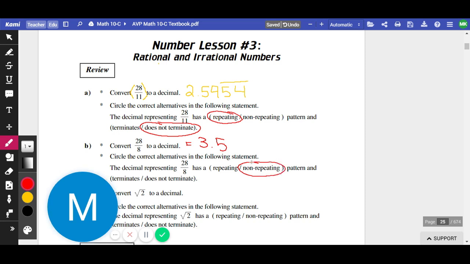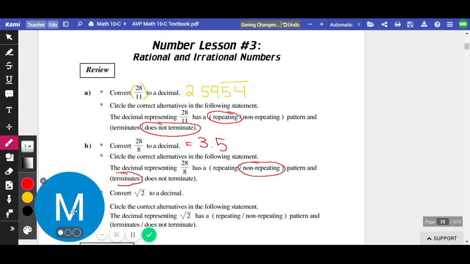And we would describe it as terminating. It terminates because the decimal stops, right? Like it went 3.5, done. It didn't go 3.5555555. Okay? We describe that as terminating. Those are the words you're going to have to know.